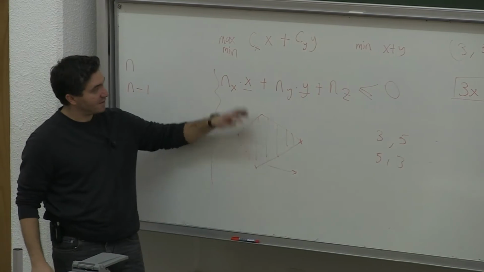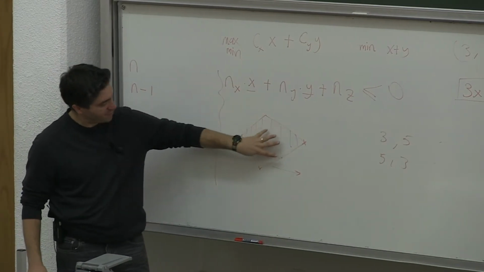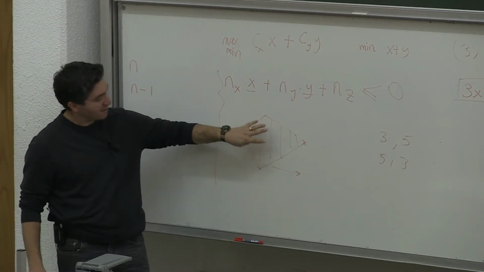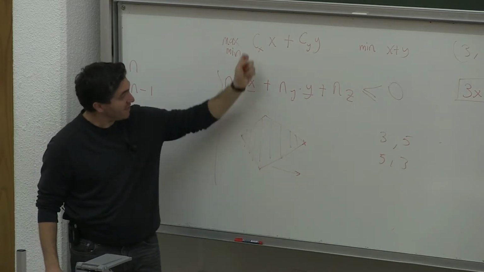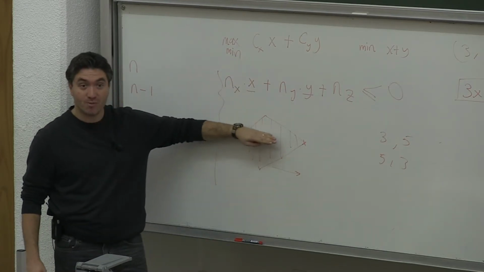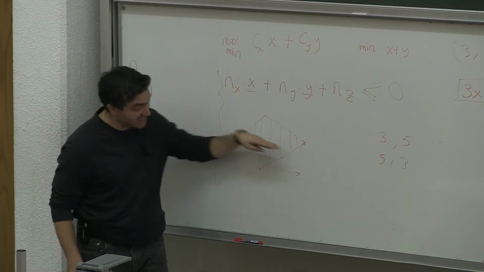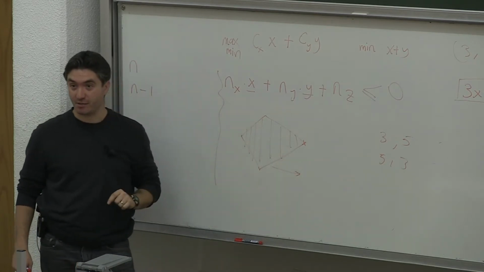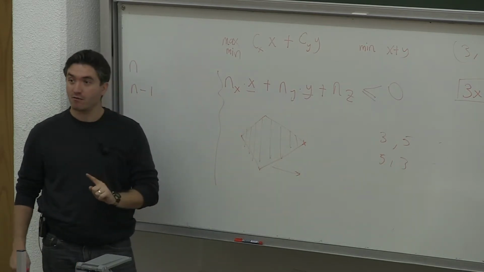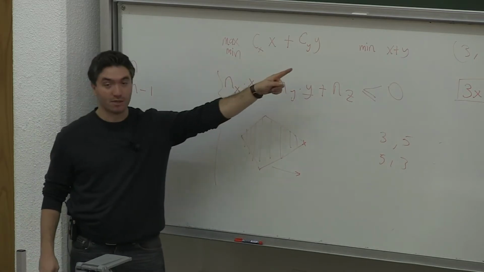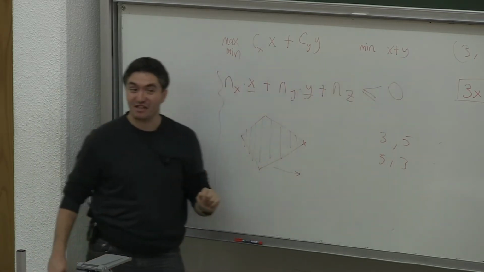So in this region, the point x, y that maximizes this function is going to be an extreme point in the direction defined by the vector. Now, when can we have multiple solutions like in this case?